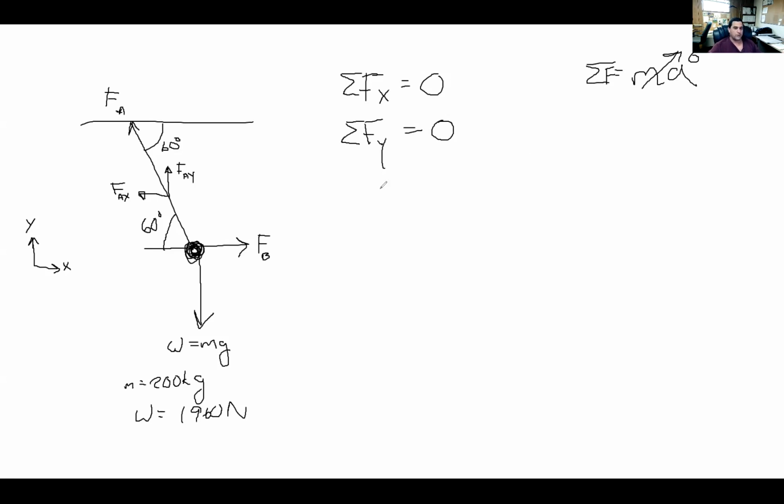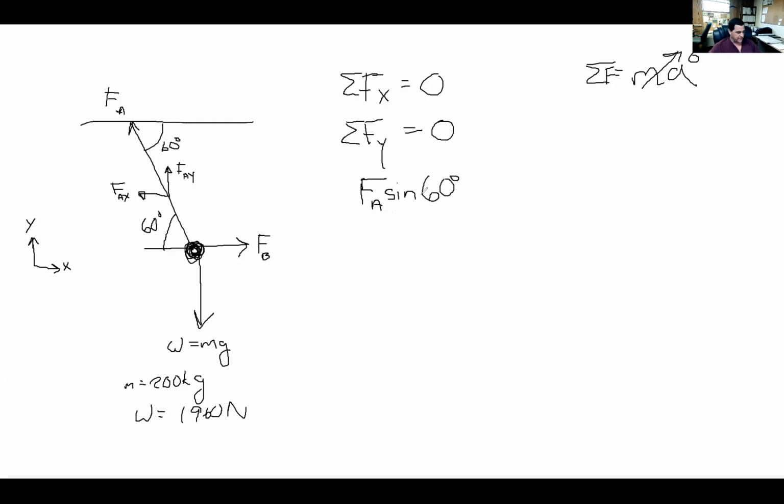And I'm going to break this FA force into its Y component. So its Y component would be the sine of the angle that we're given.